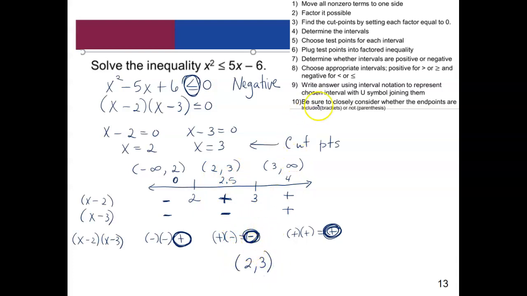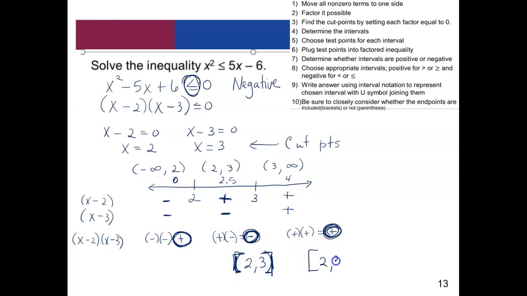And this is where I need to do this last step here, and I need to be sure to closely consider whether the endpoints are included or not included. Okay, because this is a less than or equal to, my endpoints are actually going to be included. So I'm going to have brackets on each of these.